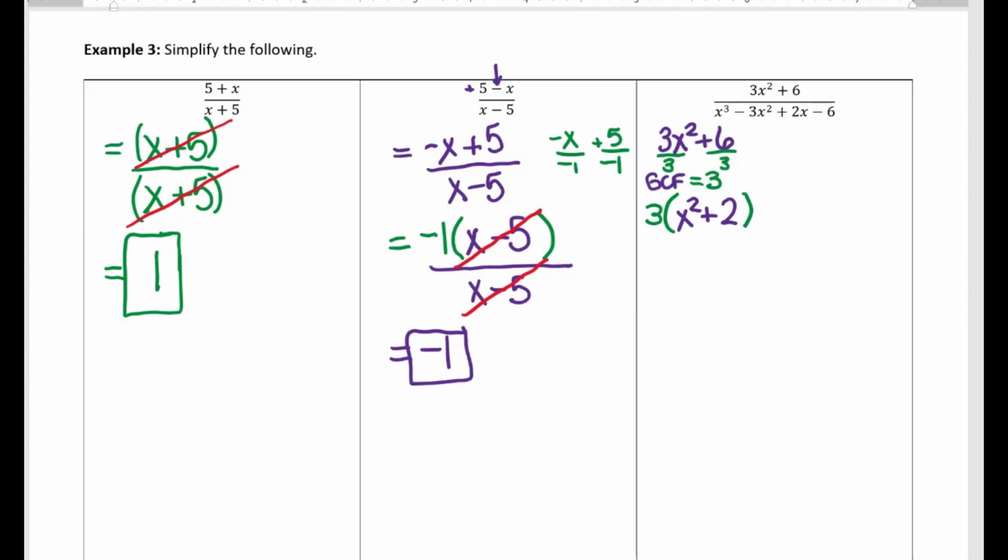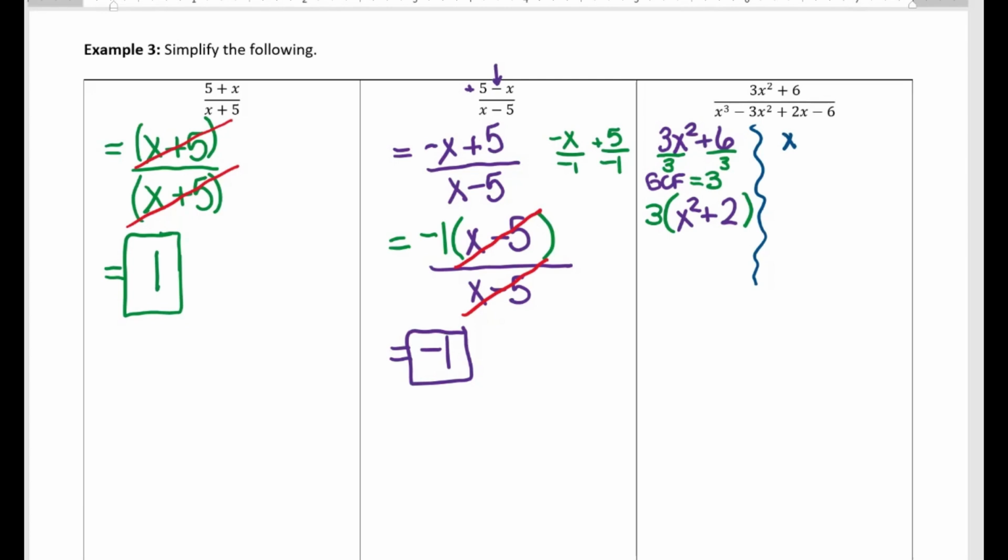And our GCF goes out front of our parentheses. Because we have an x squared, we should be checking to see if that parenthesis can factor further, but since I have an x squared plus 2 with no middle term, no linear term, this guy's not going to factor any further. So let's check out the denominator.